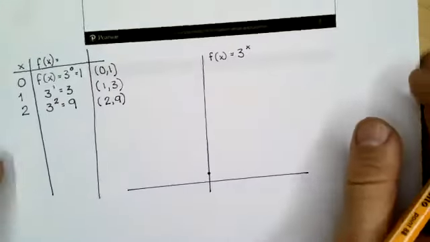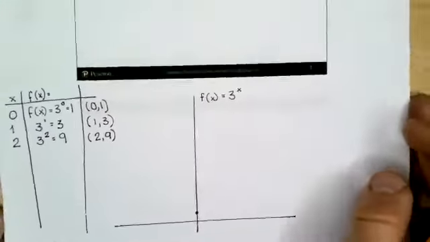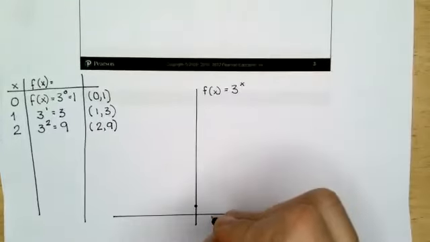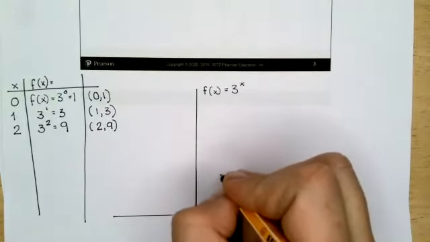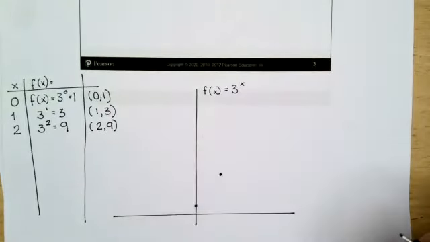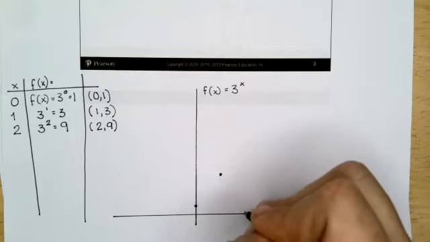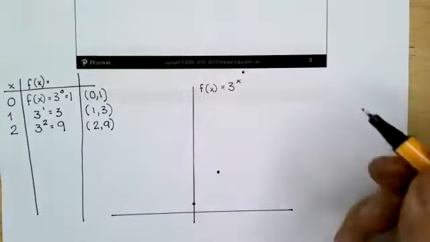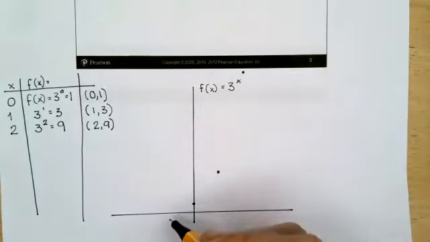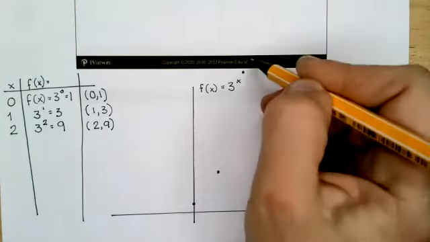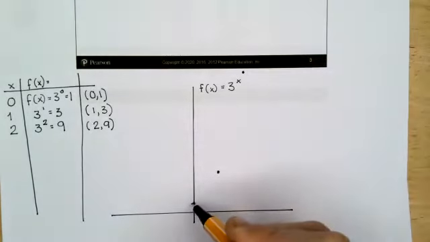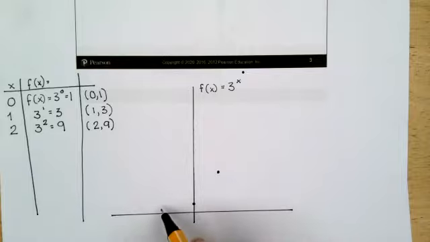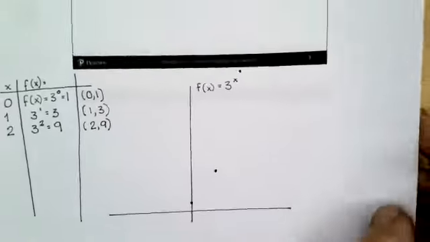So I can graph those: (0, 1), (1, 3), (2, 9). You can see it's getting very steep. But it's never going to touch 0. So here it's going to become very, very shallow. Good. Let's do a couple of negatives just so we know what the graph looks like.